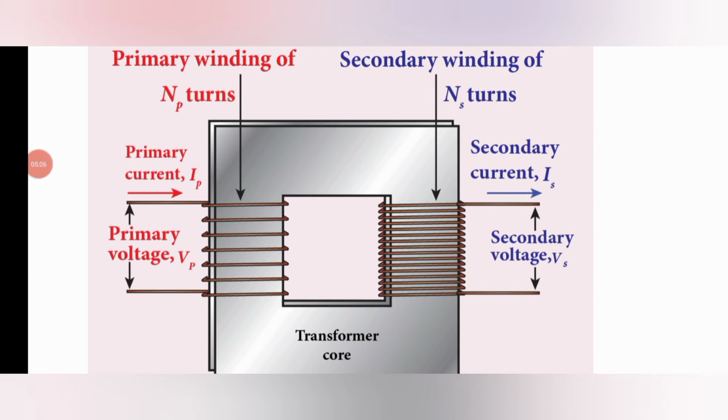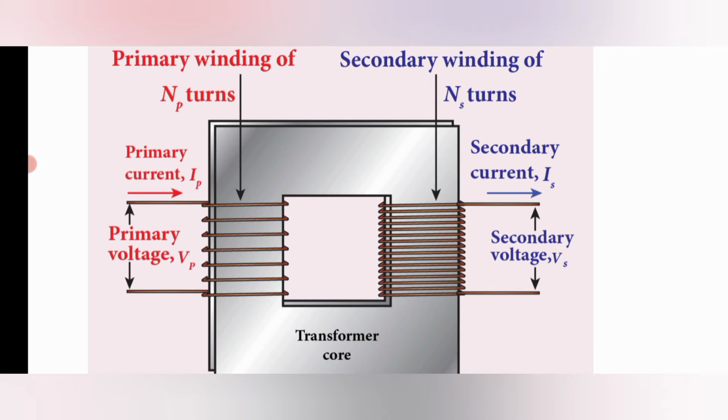Next, working. Mutual induction takes place: the primary coil is connected to a source of alternating voltage. Then an alternating magnetic flux is produced around the coil. There is no leakage, because the whole magnetic flux is linked with the secondary coil.